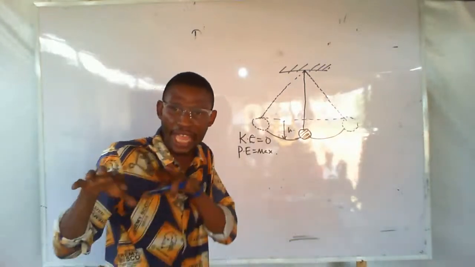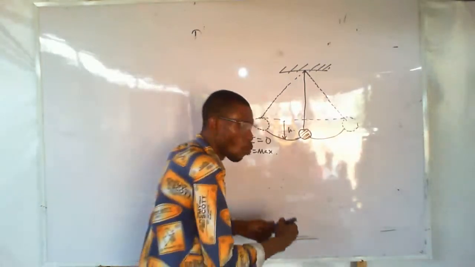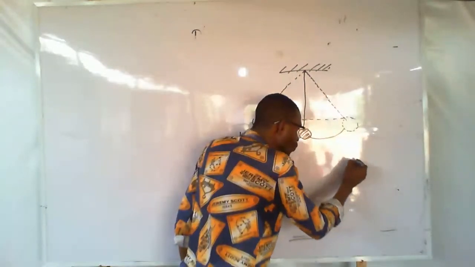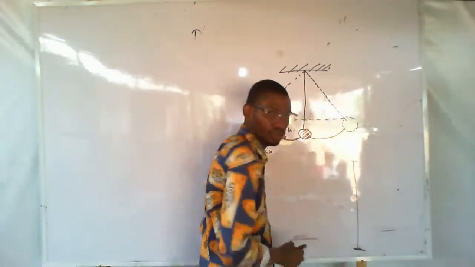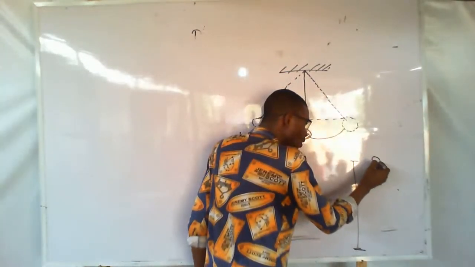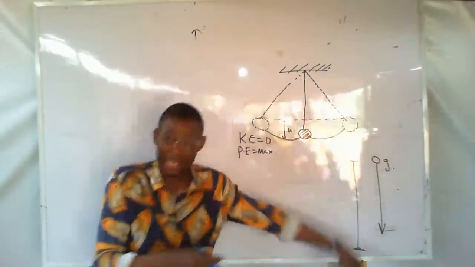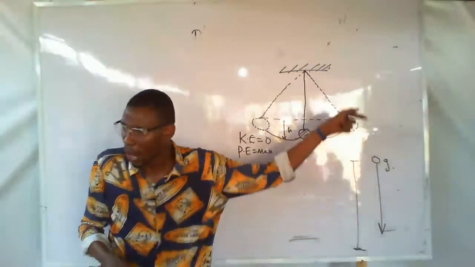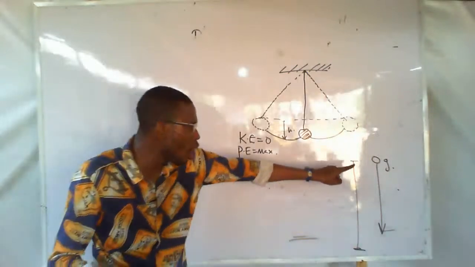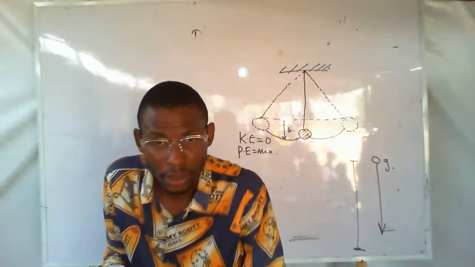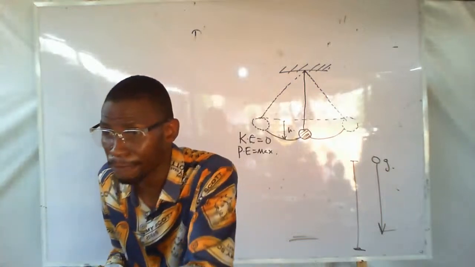Gravitational potential deals with this: when you take an object from a particular height to the ground, every object that is dropped has the force of gravity acting upon it, and that is why it is coming down. The more the object tends to reach the ground, the more the height reduces. Somebody gets what I'm saying?